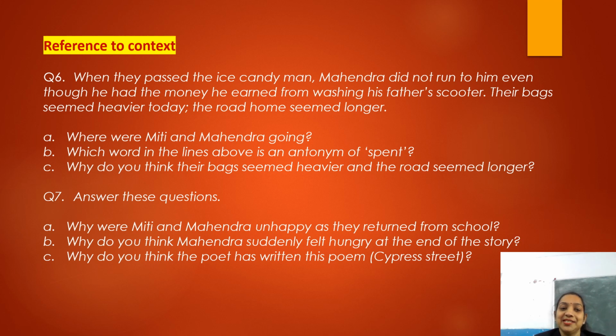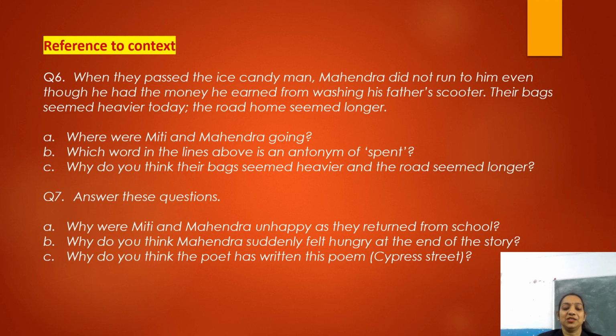And the last question is, why do you think the poet has written this poem, Cypress Street? So the reason, what do you think, that what was the point of view or what was the mindset of the poet and the purpose of the poet for writing this poem, Cypress Street? Okay? So read the questions carefully and answer them very carefully.